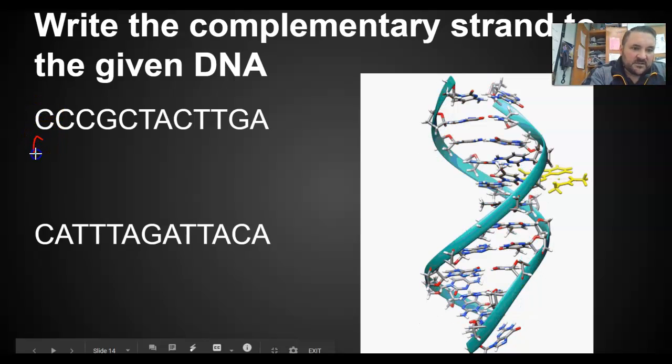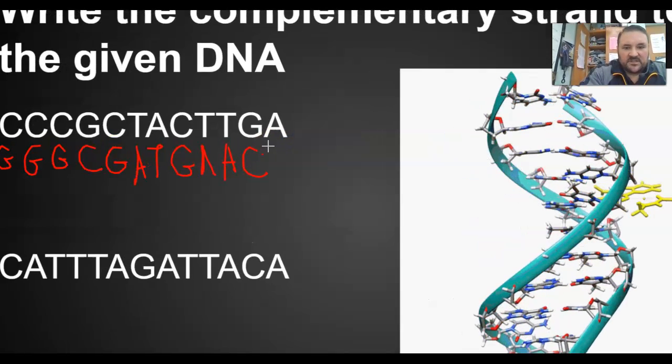So C becomes G, C, G, C, G, G becomes C, C, G, T, A, A, T, C, G, T, A, T, A, G becomes a C, and A becomes a T.